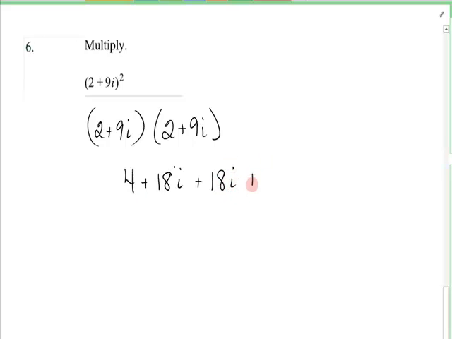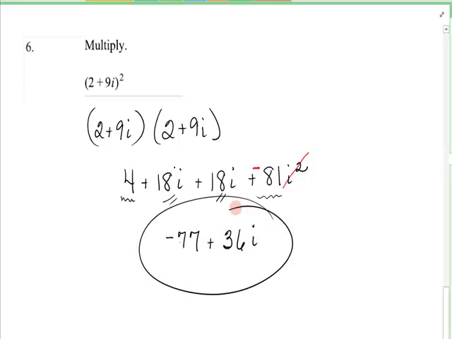And the product of the last is 81i squared. i squared changes that now to negative 81. For the real part, I have 4 minus 81 is negative 77. For the imaginary part, I have plus 36i. And there is the value when I squared that.